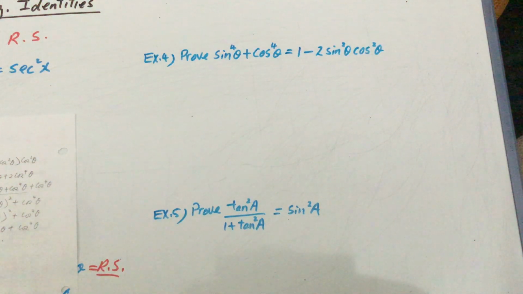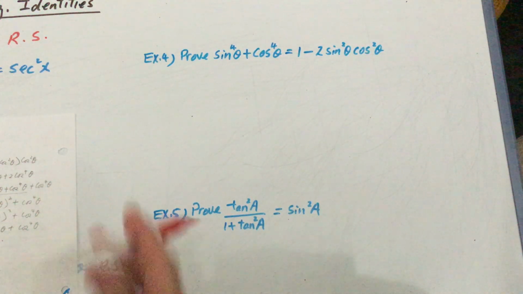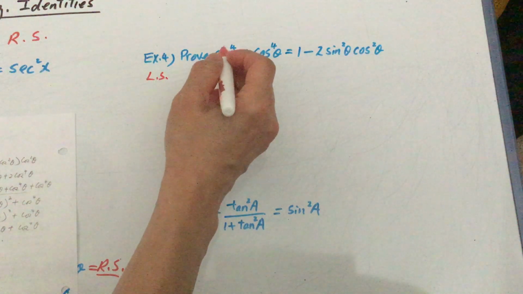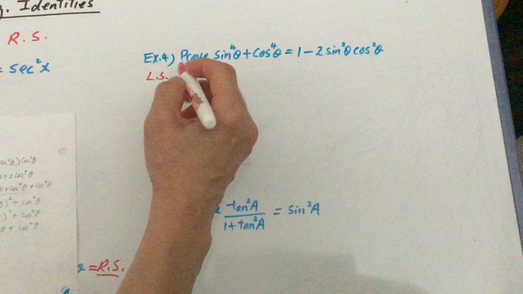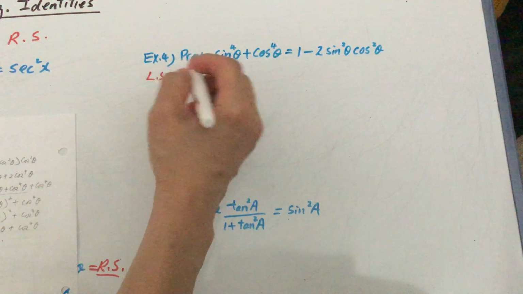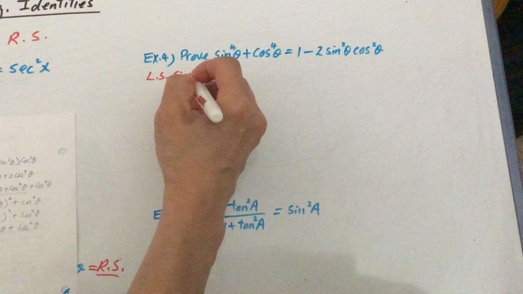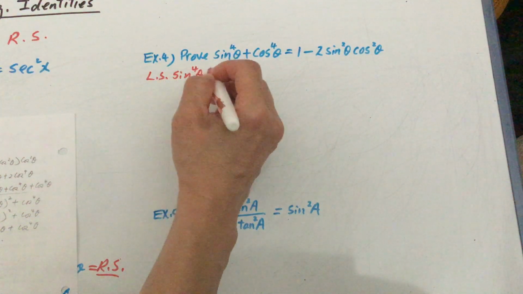In this case, both sides are equally long or ugly, but I'm sure that people might still pick the one with the exponents of 4. So you can pick either one. Okay, so let's pick the left side again.